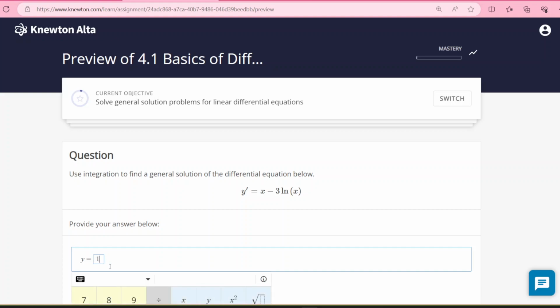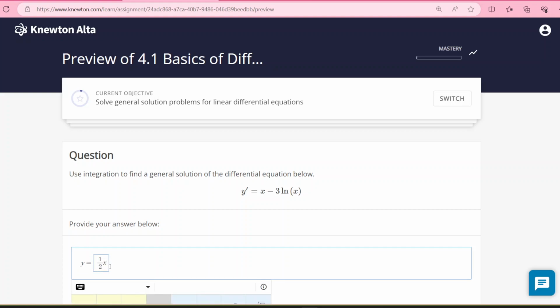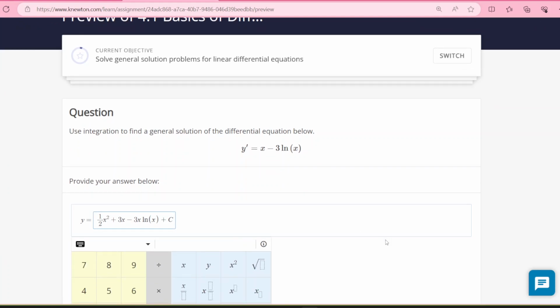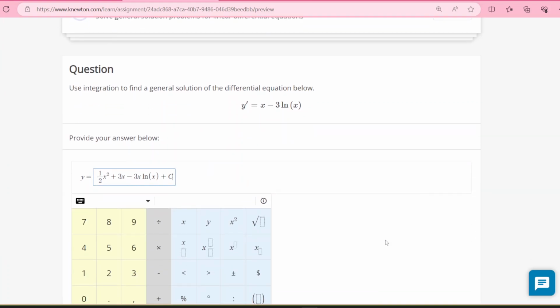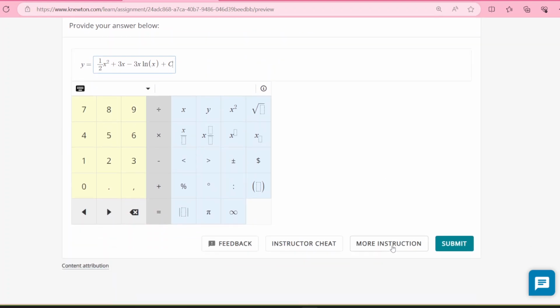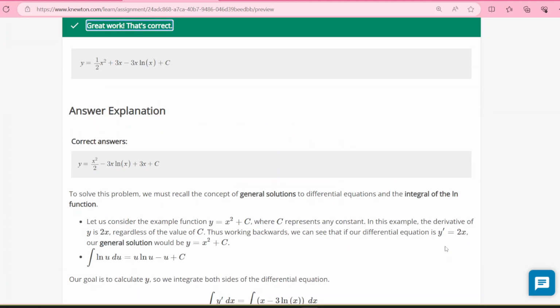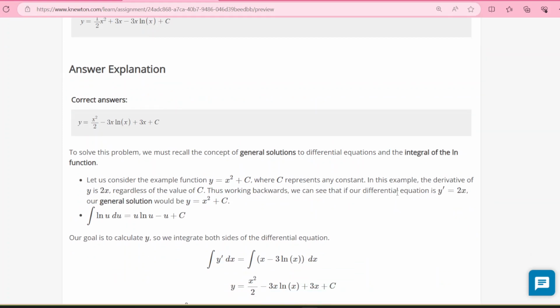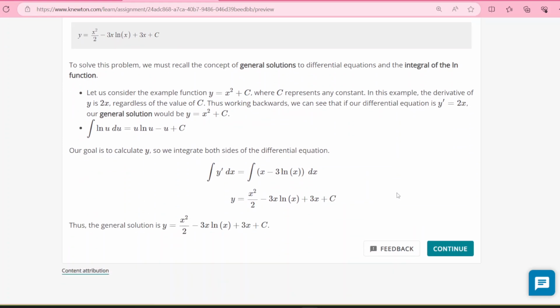So we had 1/2 x squared, then plus 3x, minus 3x times the natural log of x, and then of course plus some constant. Double check that I typed what I wrote on my paper and submit. Great. All right. And again, please take a look at the answer explanations.